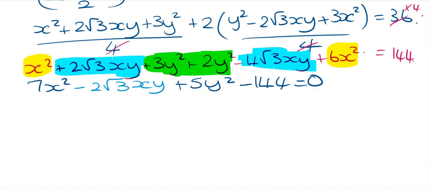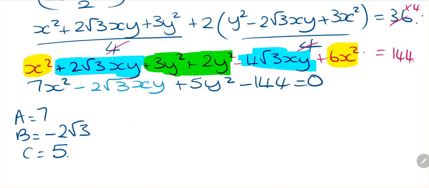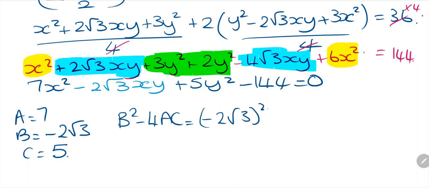And if we check, a is 7, b is going to be minus 2 root 3, and c is 5. So b squared minus 4ac. So b squared is minus 2 root 3 squared, minus 4 times 7 times 5. Okay, so 12 minus 140.